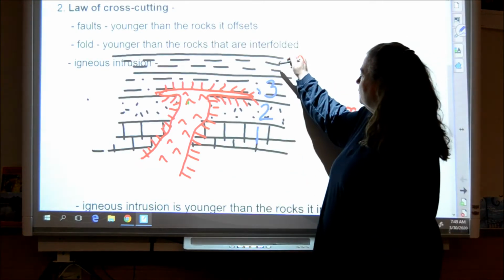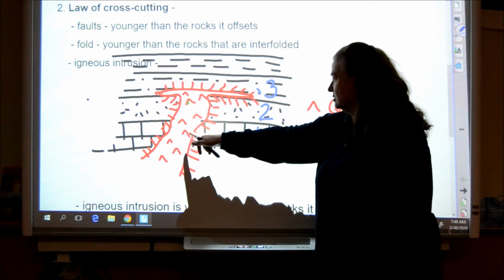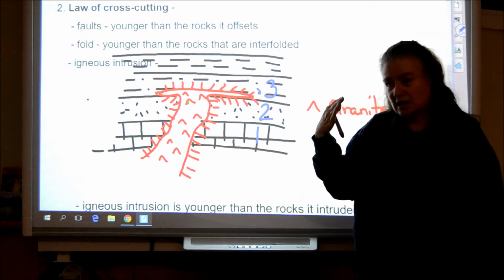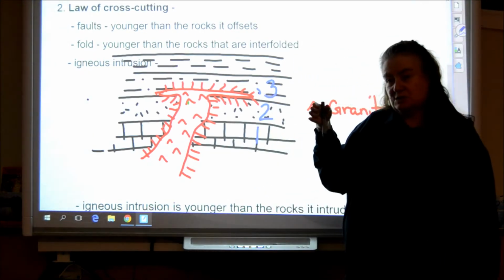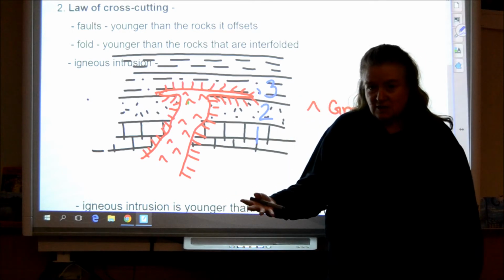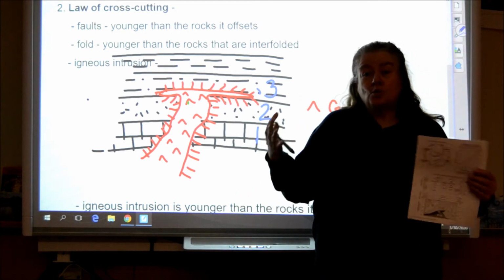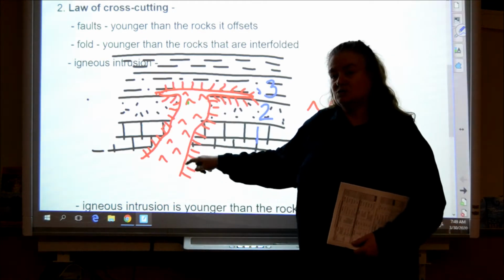Well, I could put 4 here next, or I could have my igneous intrusion as 4. I need you thinking. All right, so if it's granite, backtrack, when we did rocks, granite is what? It's intrusive. That means it cooled deep underground. So usually you're going to go with your igneous intrusion as your last thing.